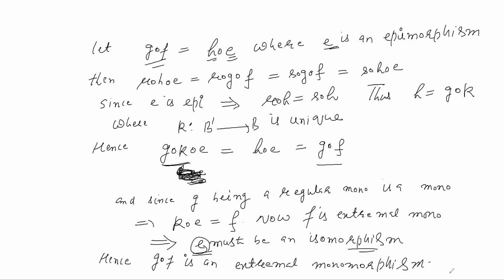Now the second part. If G composition F is an extremal monomorphism, we have to show that F is an extremal monomorphism. This is a bit straightforward.